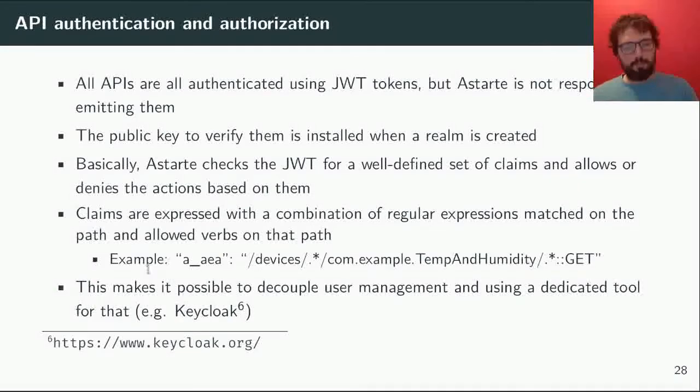For example, this claim says that in the Astarte AppEngine API, so AEA, this JSON Web Token is able to perform GET requests on /devices, whatever, /com.example.temp and humidity, whatever. This means that with this JSON Web Token, you can query the temp and humidity interface for all devices.